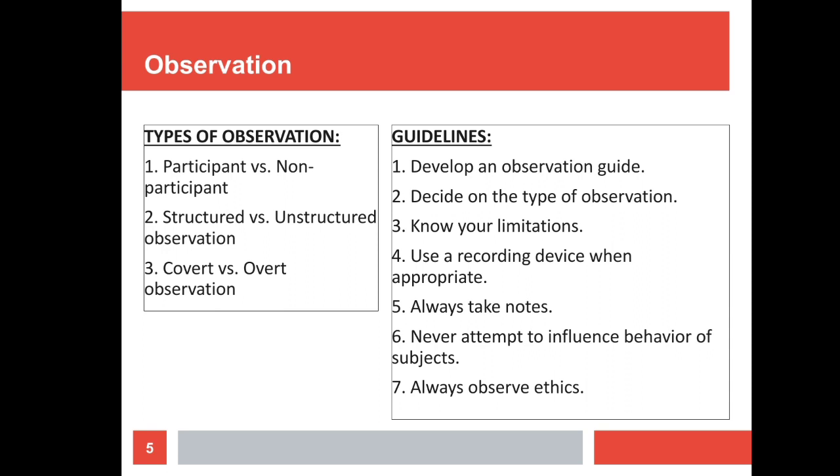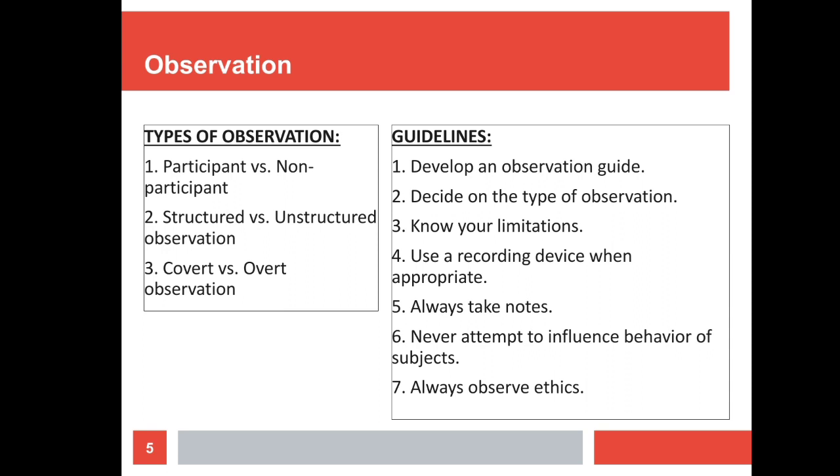Now, what are the differences? A participant observation allows the researcher to interact actively with the subjects. So in certain cases it would influence the general outcome of the observation.